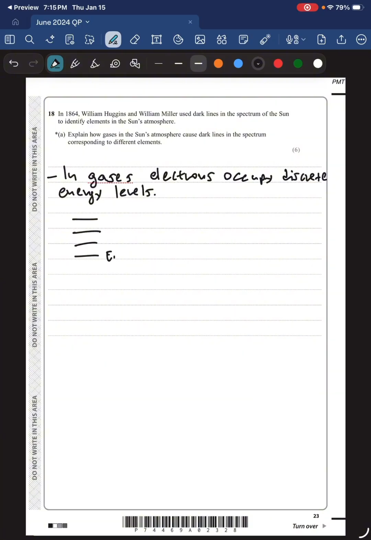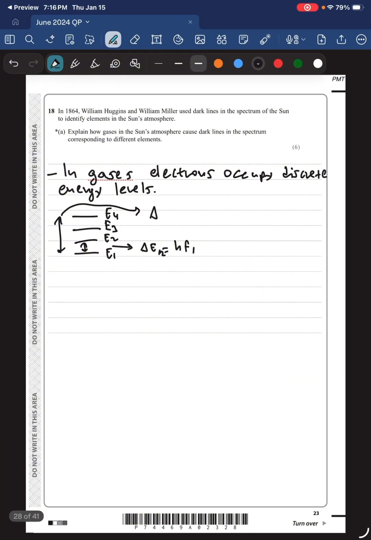So this is E1, E2, E3, and E4, and maybe this is delta E1, and this is equal to hf1, and maybe you have this transition here. Actually, it's better to name it delta 1,2, okay? Maybe this transition is delta 1,4, and it's equal to hf4, and so on and so forth, okay?